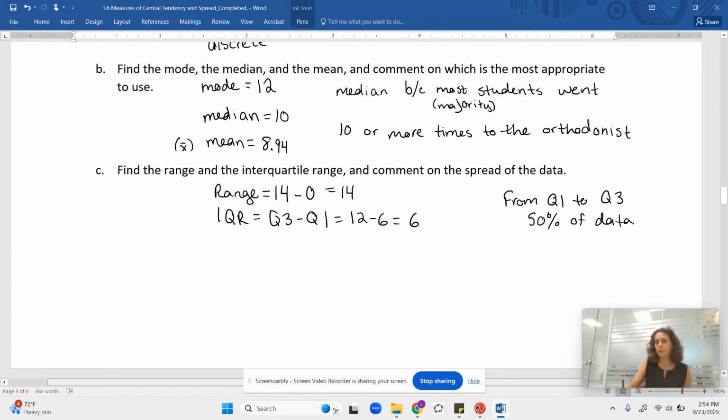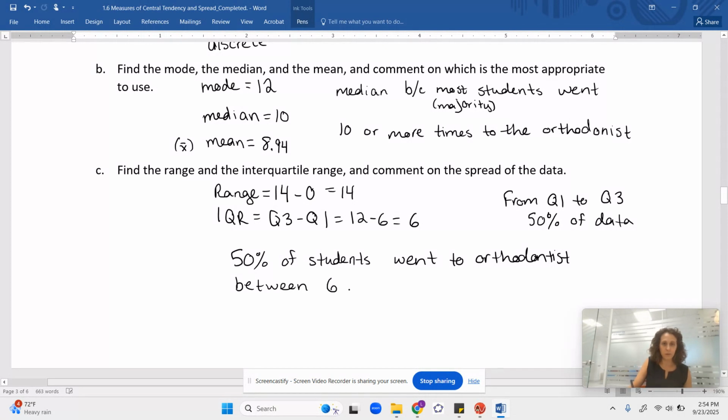And so just from the quartiles, I know that 50% of my students, so about half of the students, went to the dentist or orthodontist between 6 and 12 times this year.